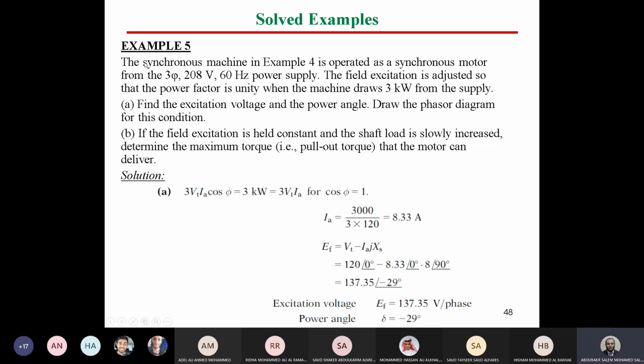The next example, the synchronous machine in example 4, is operated as a synchronous motor. So now, guys, the same machine will operate as a motor. To be honest with you, if we return to the rated values, 5 kVA is a very small rating. It's not high power like large scale generators.